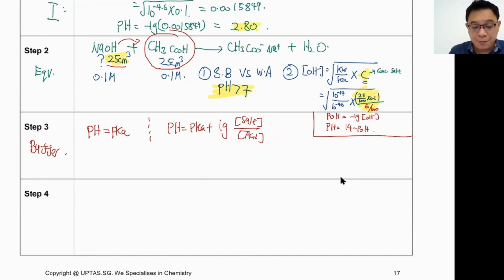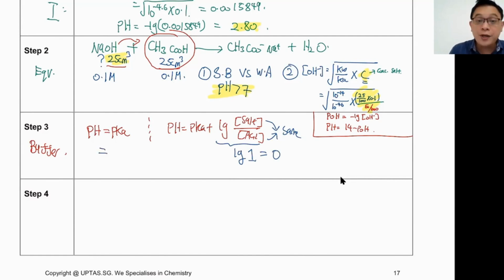In order for maximum buffer capacity to take place, your salt and your acid must be exactly the same concentration. I said before that maximum buffer capacity only takes place if your salt and your acid are the same quantity. Same quantity means same concentration. What will happen if they have the same concentration? Logarithm 1 is 0. So pH equals pKa.